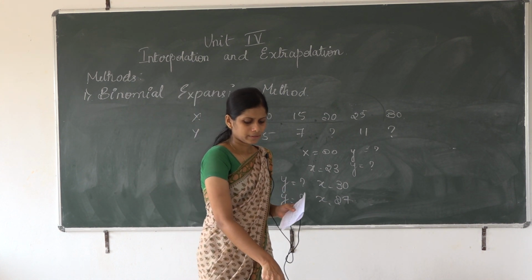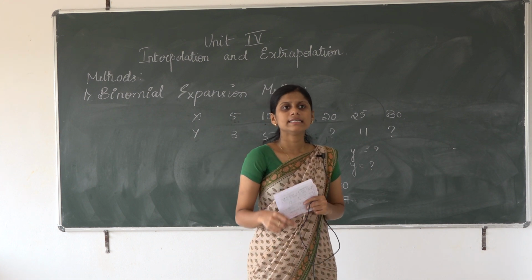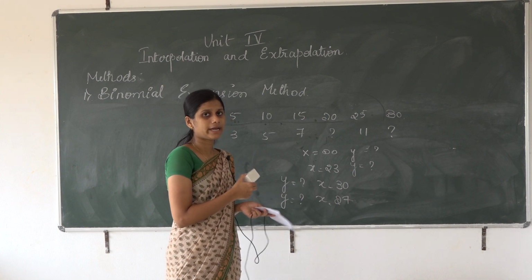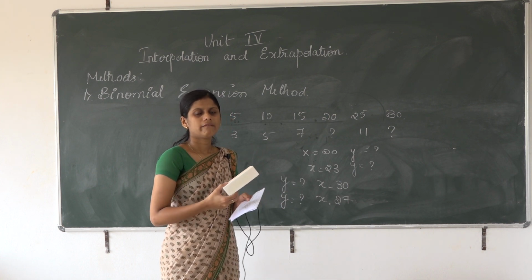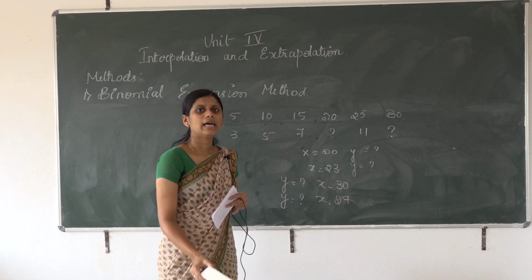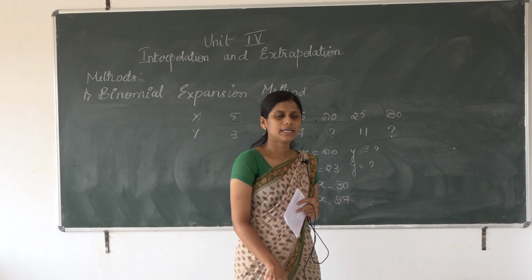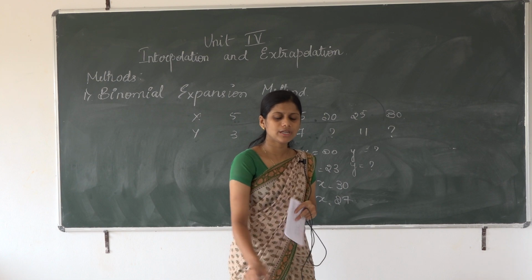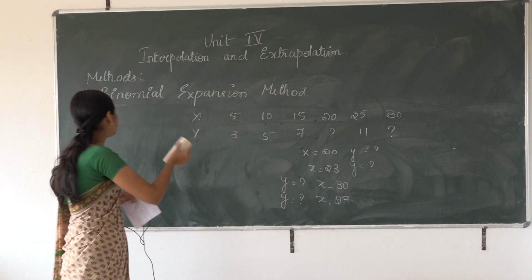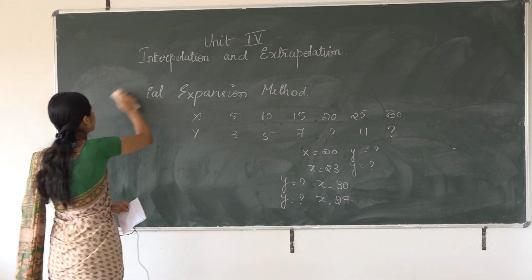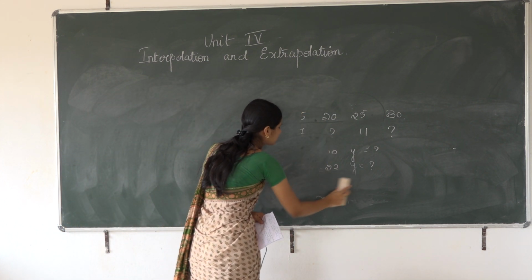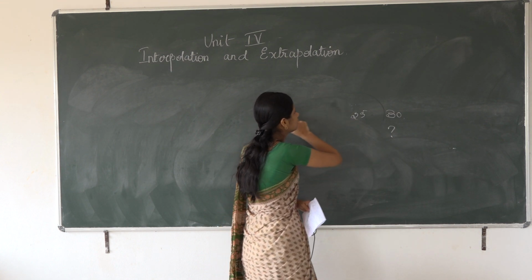Now, there are certain steps to be followed in this method. While solving the problem itself, I will explain the steps. So we will solve one problem under this method, and at that time we will have a clear-cut idea of how to solve the problems.